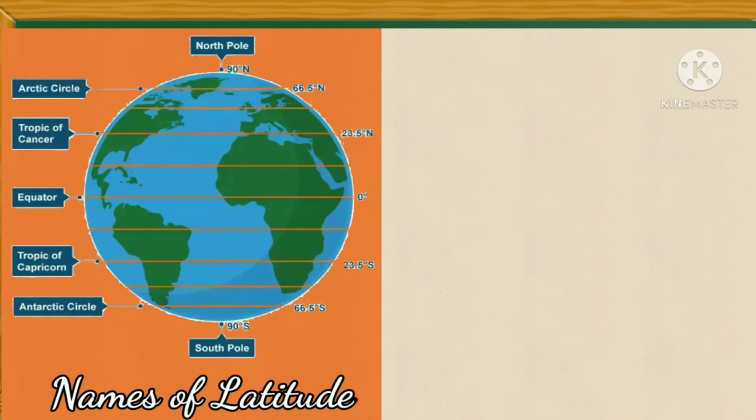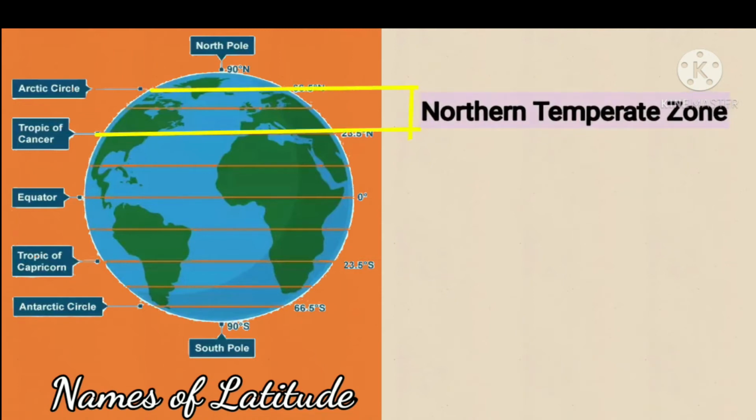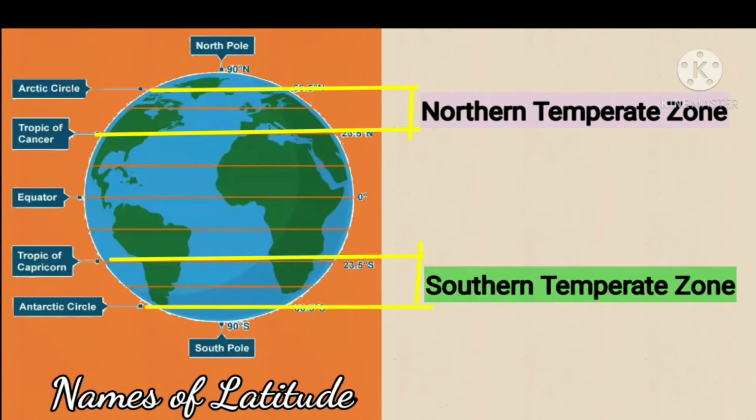The part of the world between Arctic Circle and Tropic of Cancer is called the Northern Temperate Zone, and between Tropic of Capricorn and Antarctic Circle is called the Southern Temperate Zone.